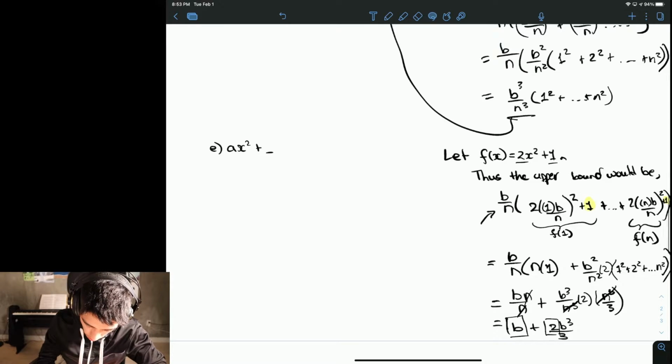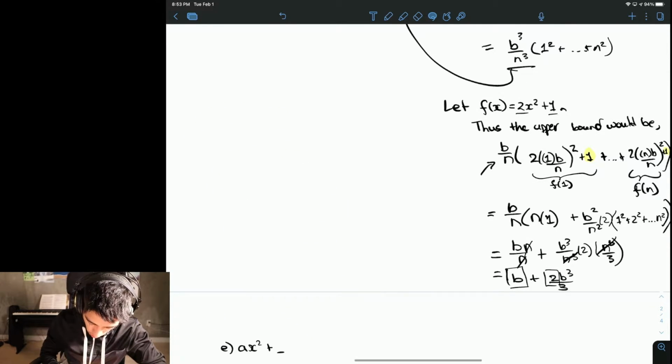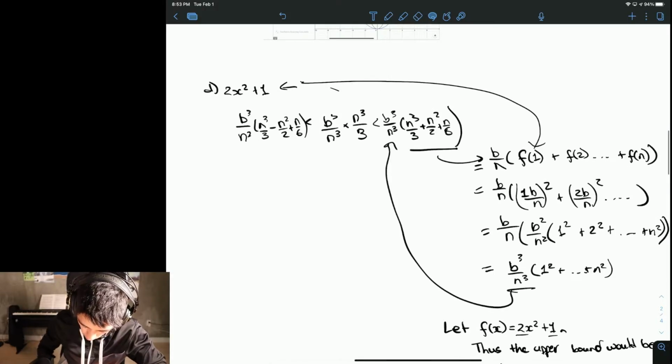Let's plot this. We will plot 2x squared plus 1.